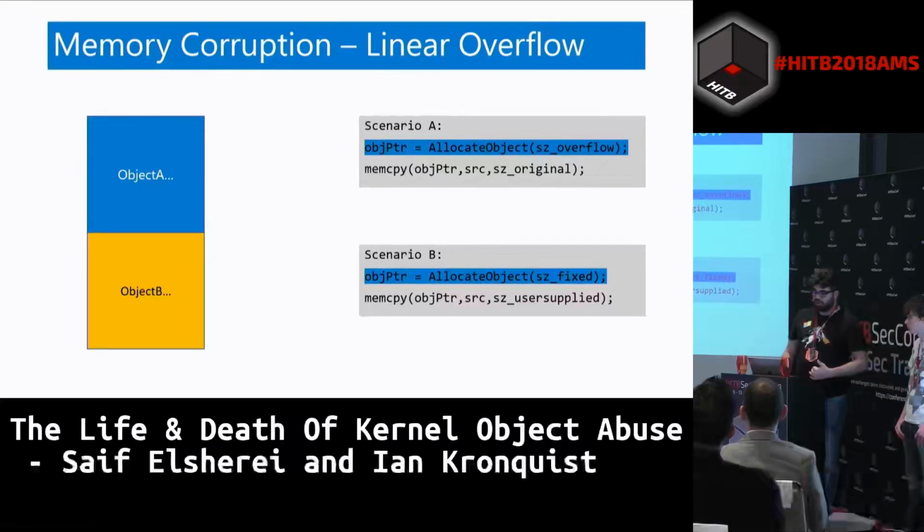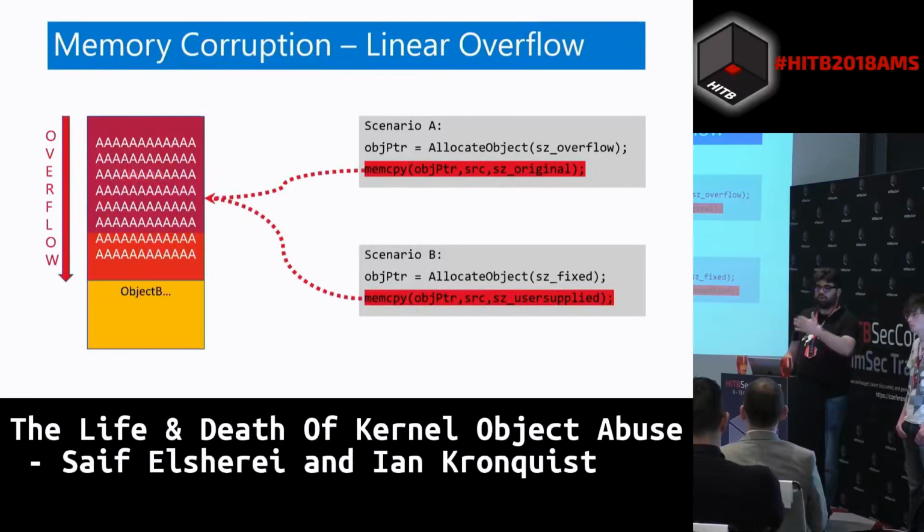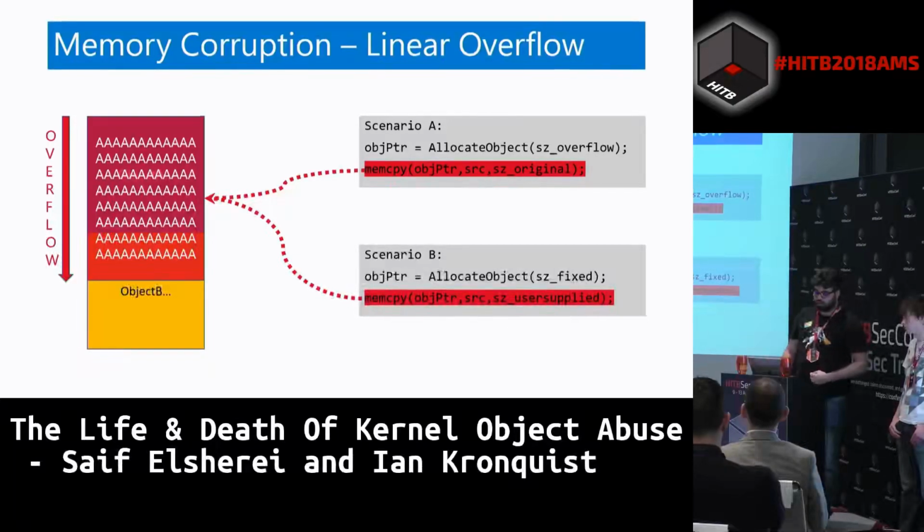The second scenario is that the object is allocated using a fixed size. After the object has been allocated in memory, in the first scenario, if the memcpy function or any data copying loop uses the user supplied size, the original size, not the calculated or overflowed size, then we will actually overwrite adjacent memory, since it's trying to copy a large amount of data into a much smaller allocated memory region.